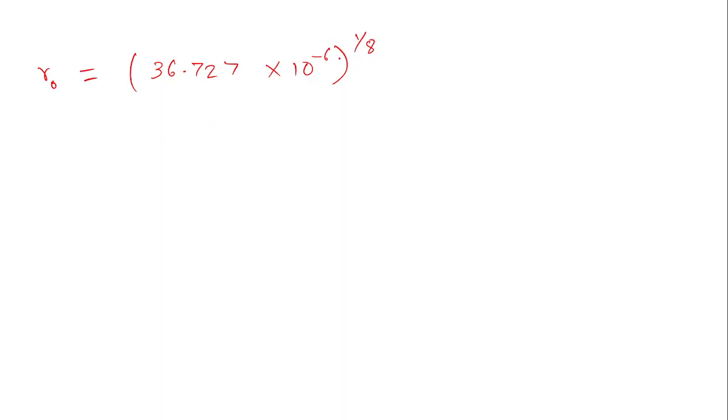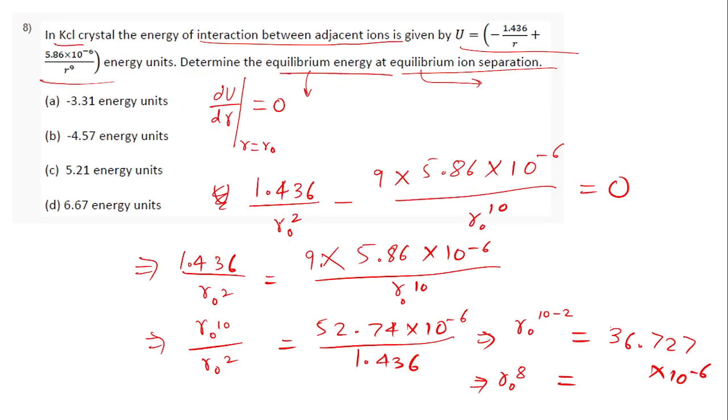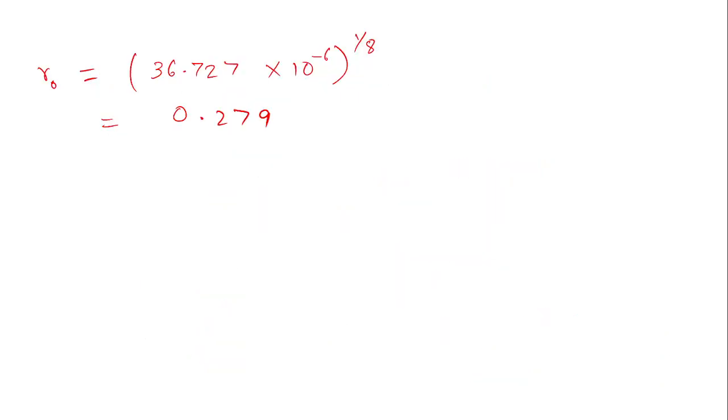So the equilibrium distance will be this, and when we calculate this, we find the value to be 0.279. Because the unit here was an energy unit, the distance is in some units. We don't know angstrom or what exactly, but some units. And then we have found the equilibrium distance.